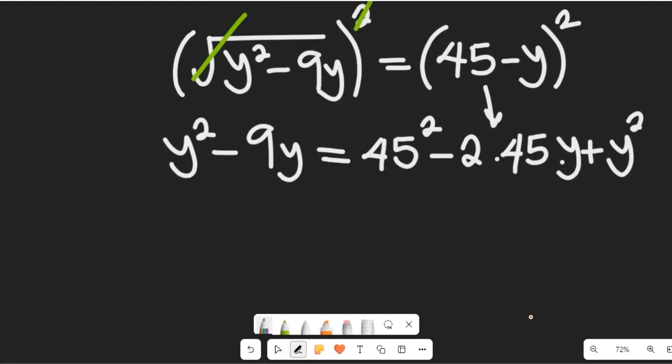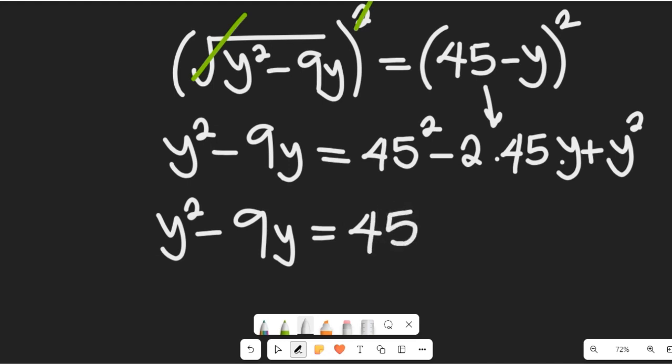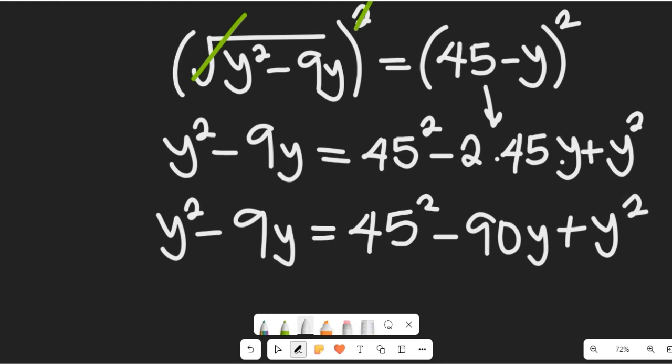If I expand this, I'm going to have y squared minus 9y to be equal to 45 squared minus 90y plus y squared.